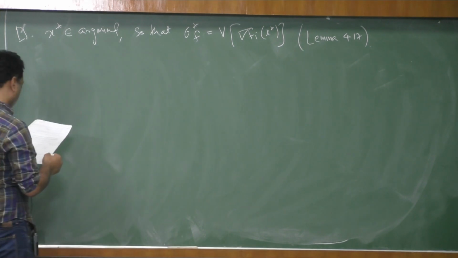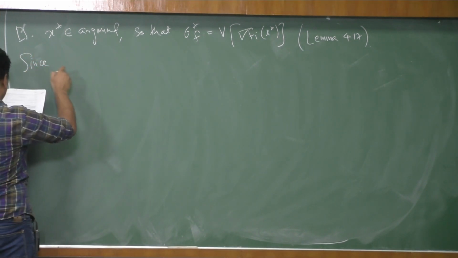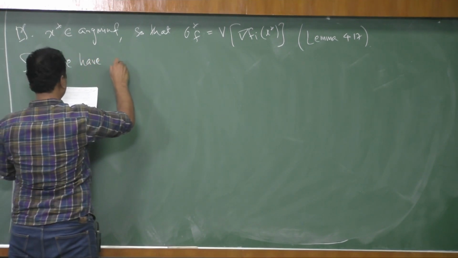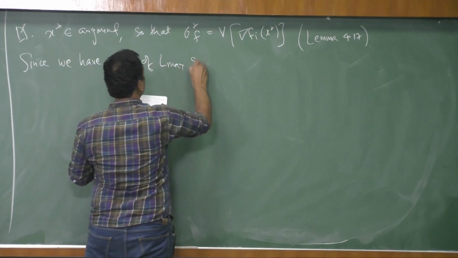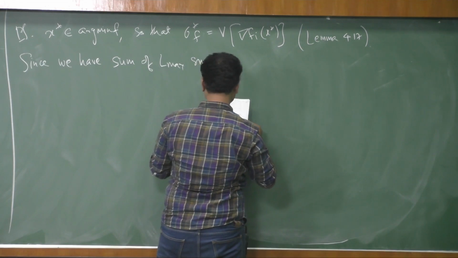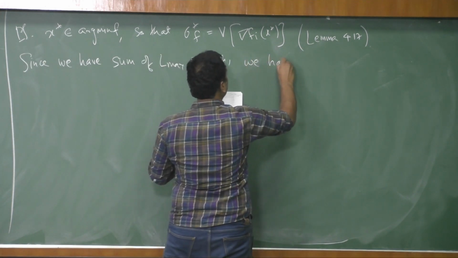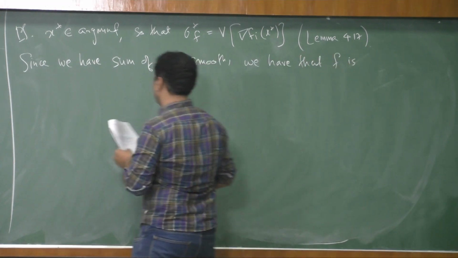So since we have sum of L max smooth, we have that F is LF smooth.